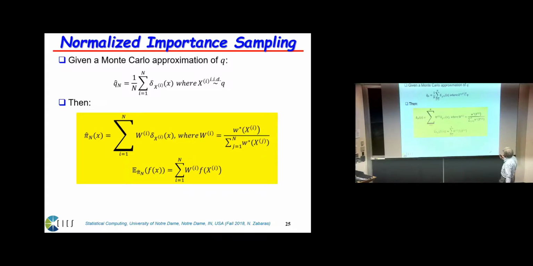If we take samples from q, q is our standard Monte Carlo estimator, but now our estimator for the distribution pi, if we draw n samples from q, looks like this, where these weights, you remember there was an estimator on the top and an estimator on the bottom. So these new weights, this is little w and this is capital W. So in the Monte Carlo approximation of pi with samples drawn from q, the weights here are what type of weights? Capital W, little w. What weights are those?